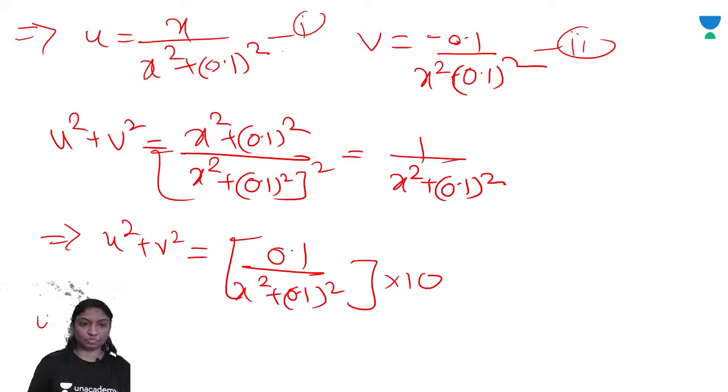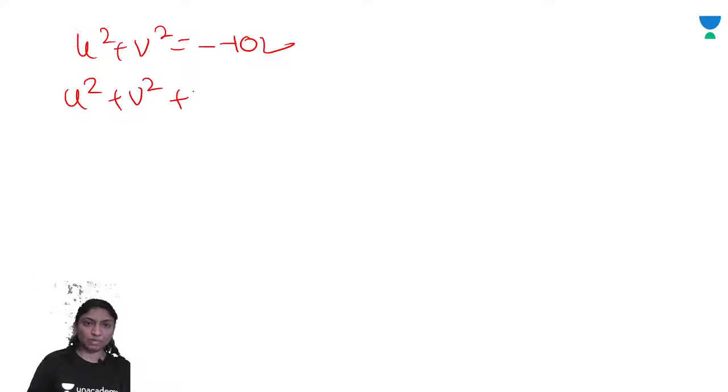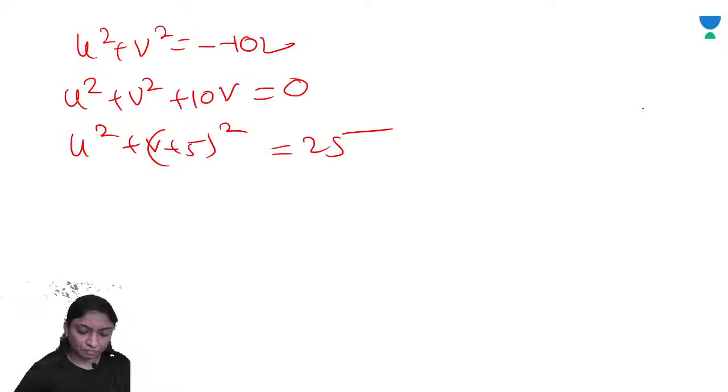Using equation 2, we'll get u square plus v square plus 10v is equal to 0. So u square plus (v plus 5) bracket square is equal to 25.